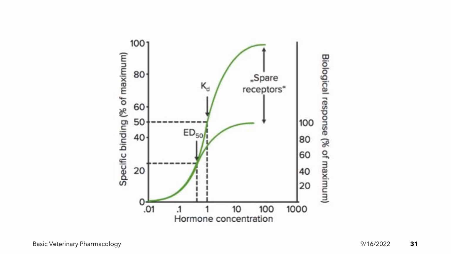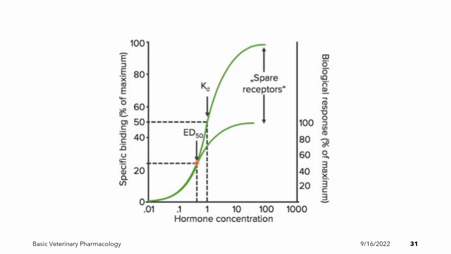This is another representation of the concept of the spare receptor, showing in the x-axis the hormone concentration or the drug concentration. In the y-axis on the left we have the specific binding or percent of maximum, and on the right we have the biological response in percent of the maximum. As you can see here, the ED50 for this particular hormone is achieved at this particular dose.